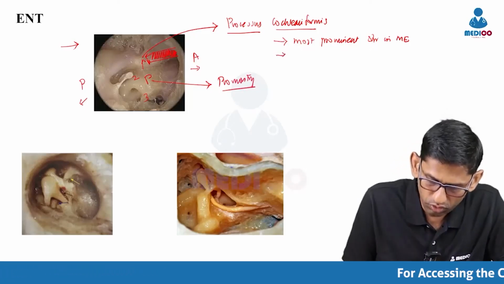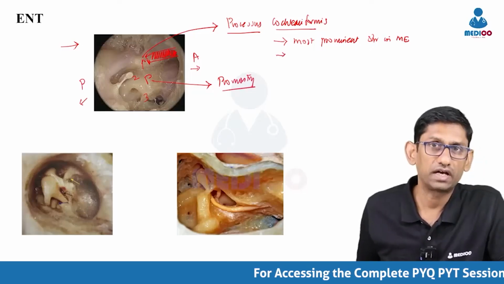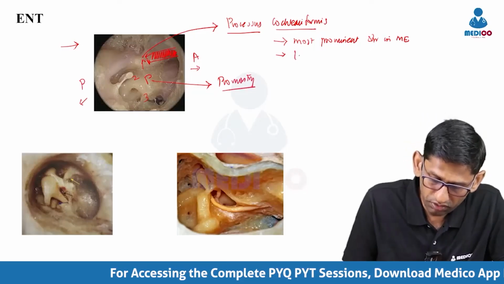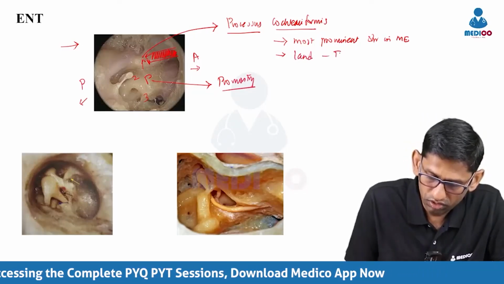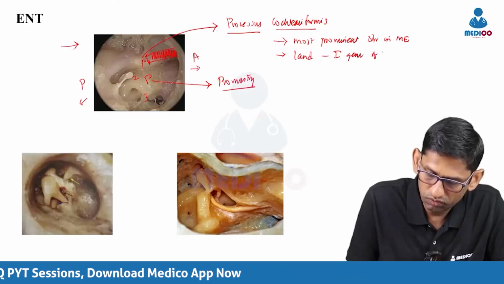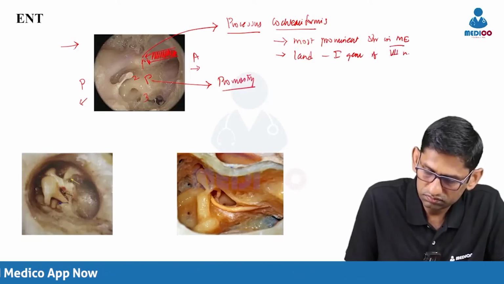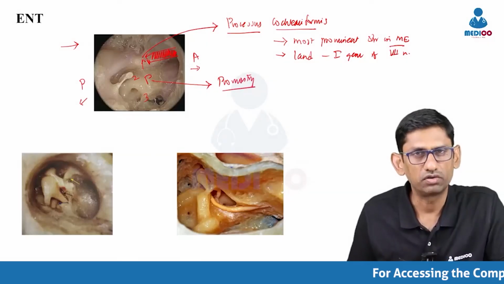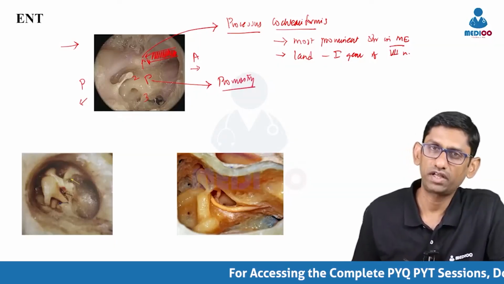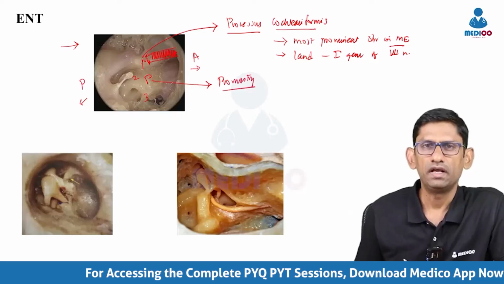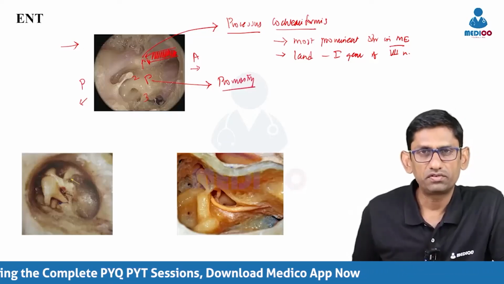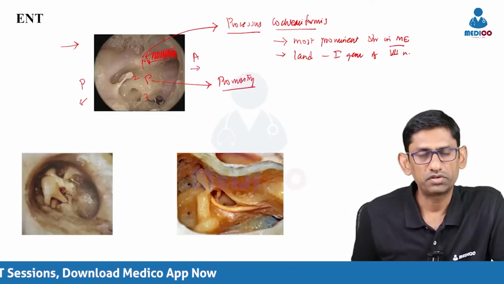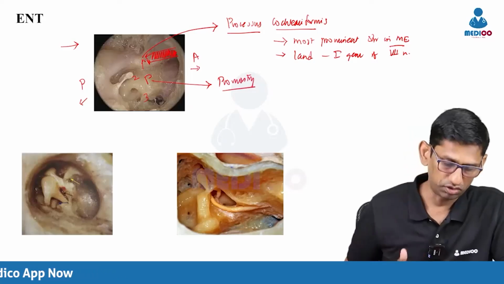The second point to note is that this forms a very important landmark for the first genu of the facial nerve. We have plenty of landmarks for the second genu of the facial nerve; we will see that. But the important landmark for the first genu is the processus cochleariformis.